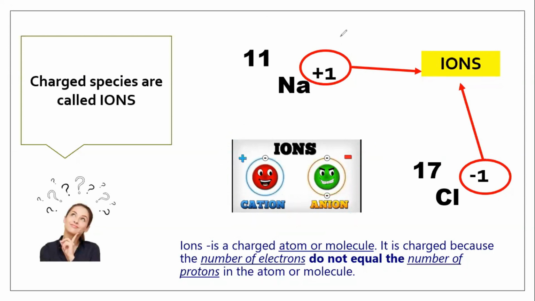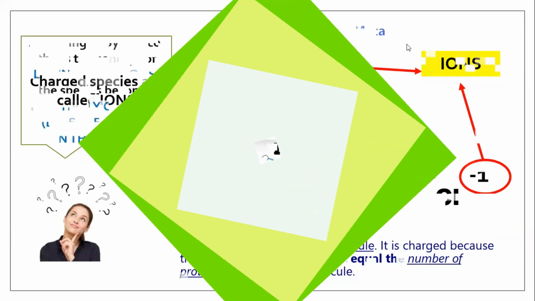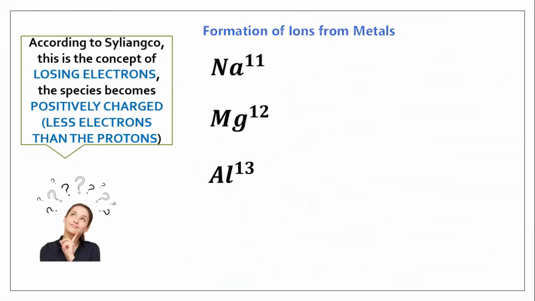Okay, so as I move on, there are different rules na kailangan nating tandaan. Okay. So, sabi natin, according to Selianco, one of the famous authors in chemistry, he actually shared that there's one concept, the concept of losing electrons. So, paano nagkakaroon ng losing electrons?